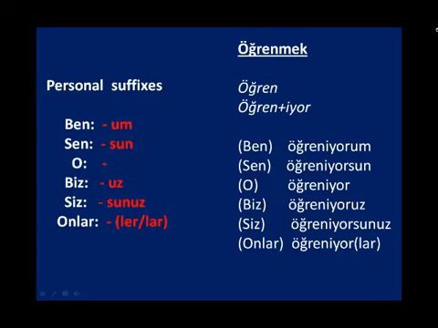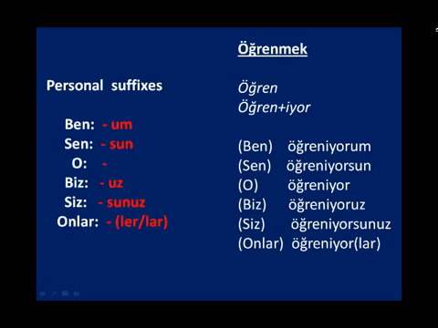By the way, I just remembered, in spoken language, we don't pronounce the R in ior in most cases, like for sen, the second one, sen öğreniyorsun is usually pronounced without the R. So sen öğreniyorsun, we skip the R. O öğreniyor, okay? Siz öğreniyorsunuz.